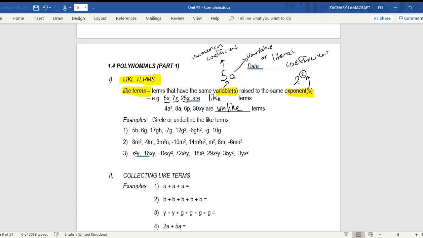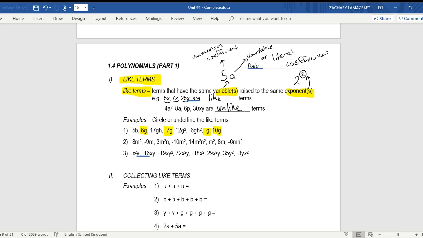Well, if I look at it, remember we can have different numbers, but if the variable and the exponent are the same, then they can be like. So in this case, I saw a 6g and a 10g. Those look really similar. But we also have the negative 7g and the negative g. Unfortunately, we can't use that 12g squared, which seems similar, but it isn't like due to the fact that it doesn't have the same exponent. It's got an exponent of 2, where the others have an exponent of 1, okay?